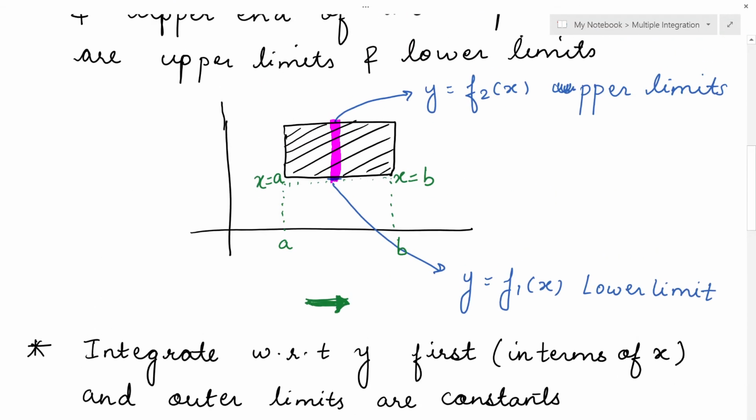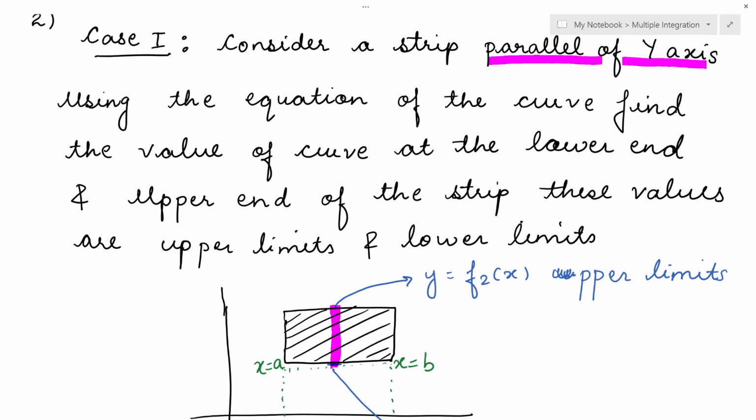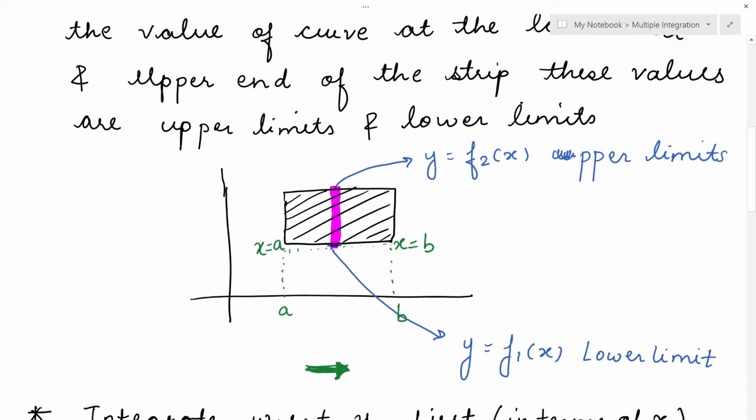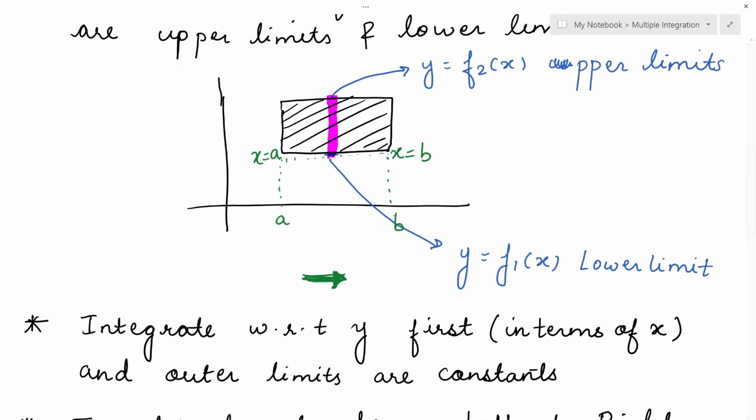So if we take a strip parallel to y-axis, that means a standing strip, a vertical strip. First you have to integrate with respect to y first. The inner limits are y is equal to something in terms of x. Always remember, and outer limits are constant. Similarly, the standing strip travels from left to right. So outer limits will be the left hand corner first and then the right hand corner later.